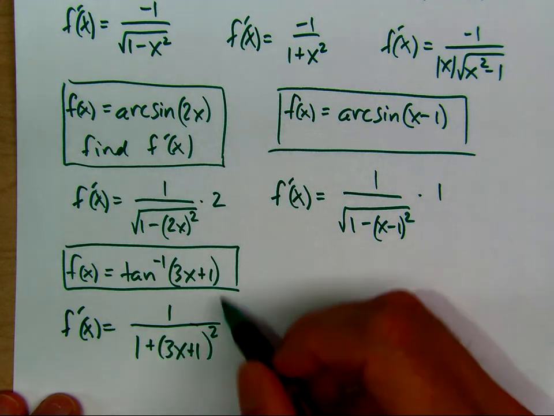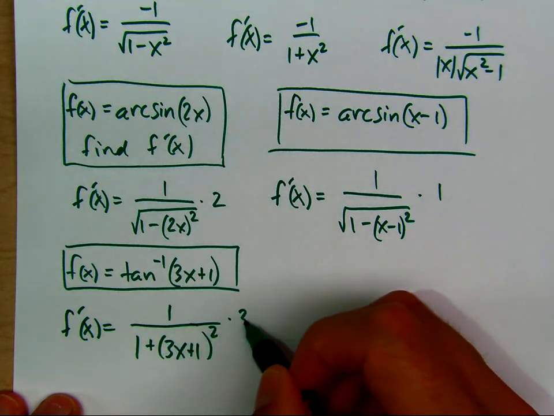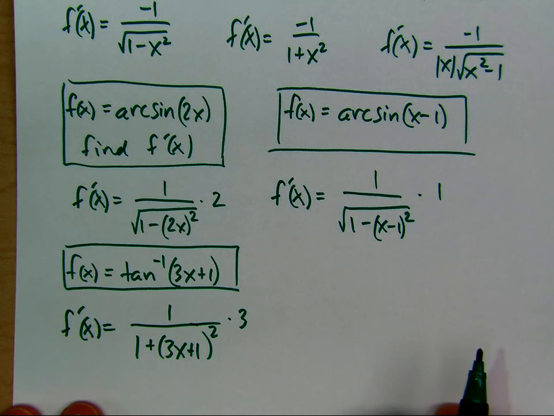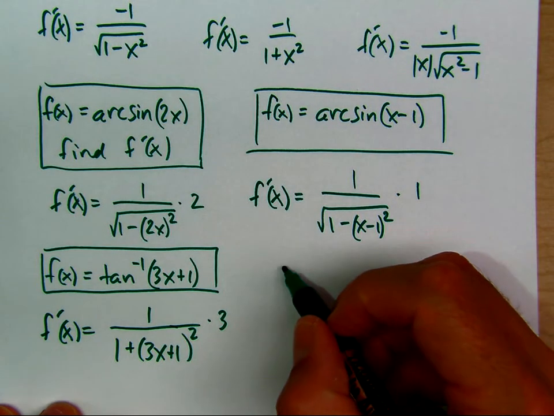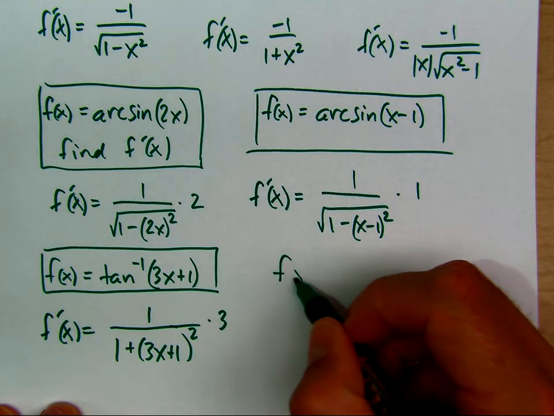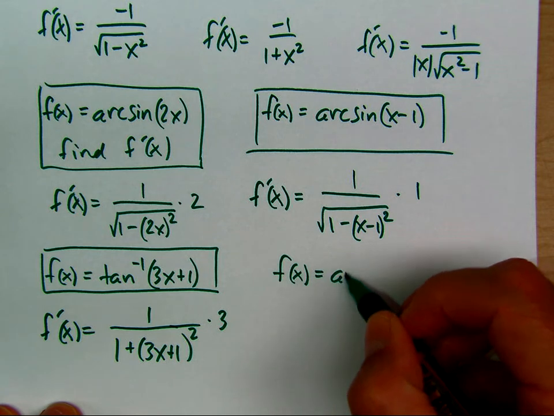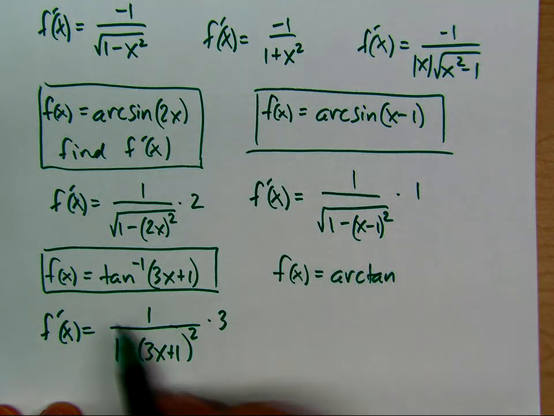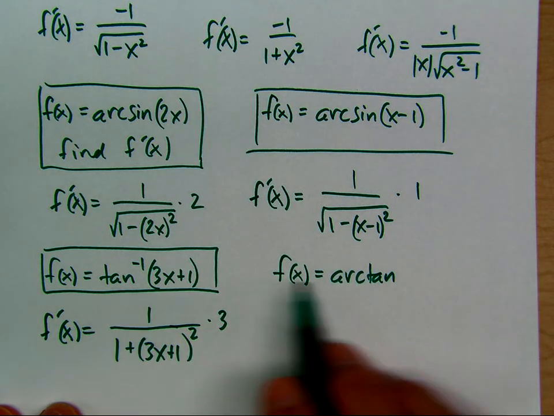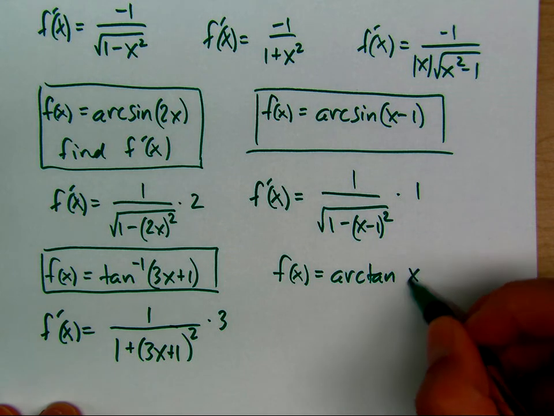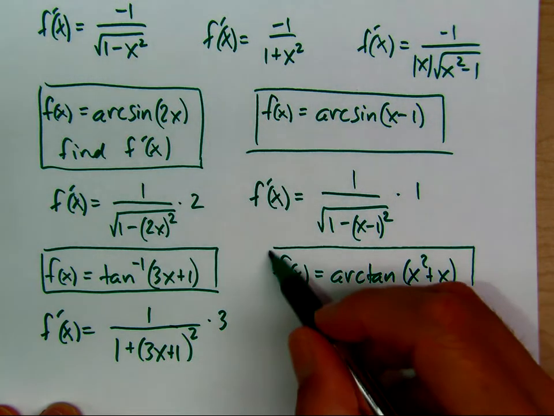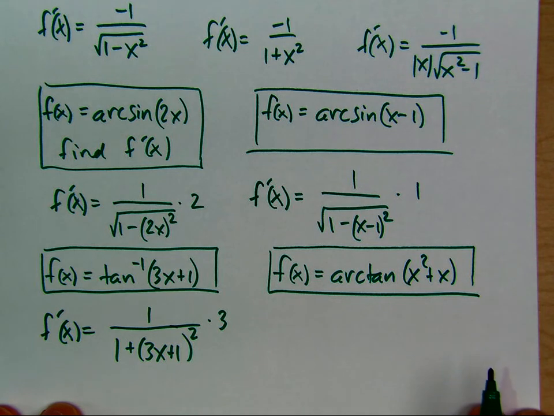And then we have to do the chain rule, so we'll get times 3 there. Also remember, you could have this notation or that notation. Okay, pause the video and try that one.